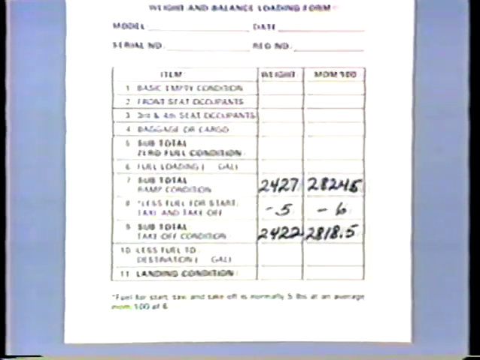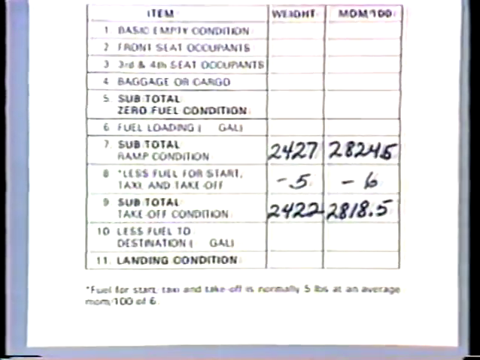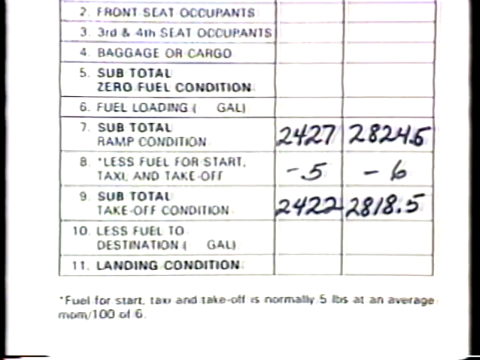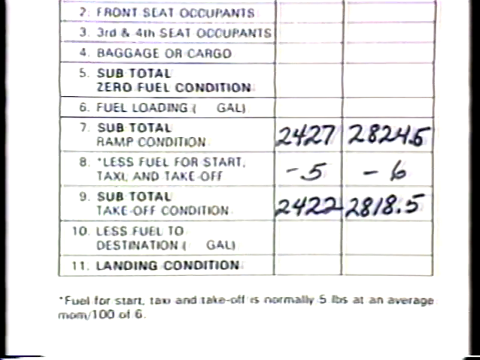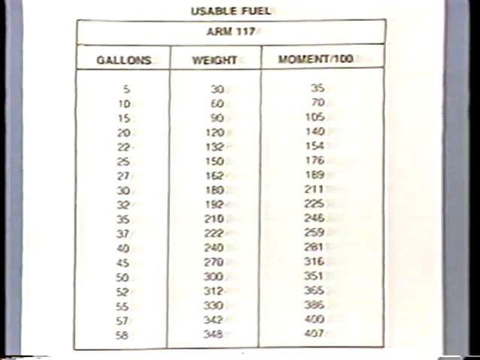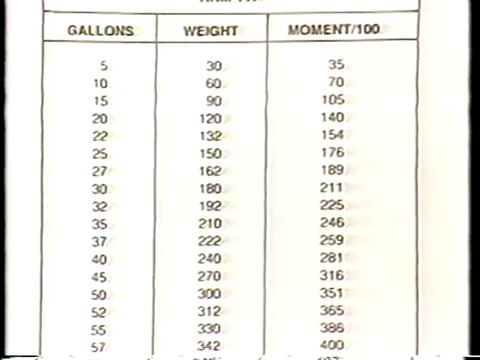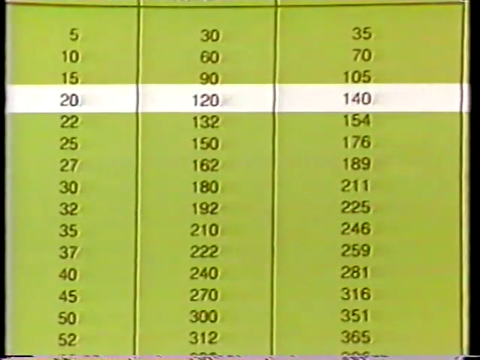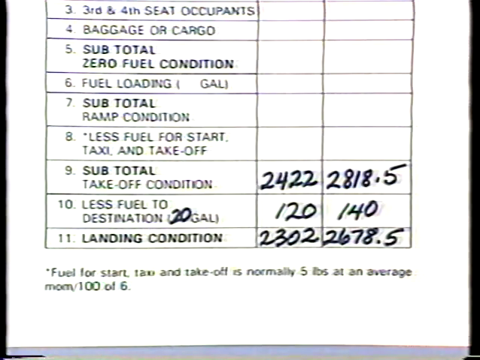The fuel for start, taxi, and takeoff is normally 5 pounds at an average moment of 6, giving us a takeoff condition of 2,422 pounds and 2,818.5 moment. Let's assume the trip will use 20 gallons or 120 pounds of fuel, which has a moment of 140. Subtract these from the takeoff condition to find the landing condition of 2,302 pounds and 2,678.5 moment.